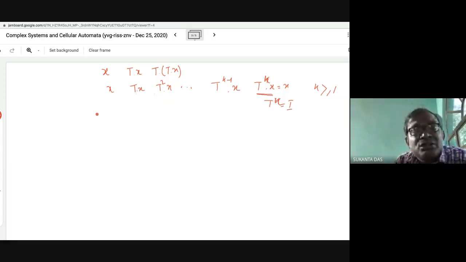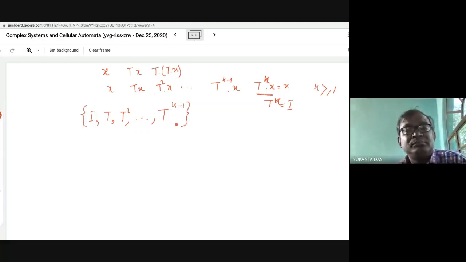So I, then T squared, then T to the power k minus 1, these form a group, right? This forms a group.